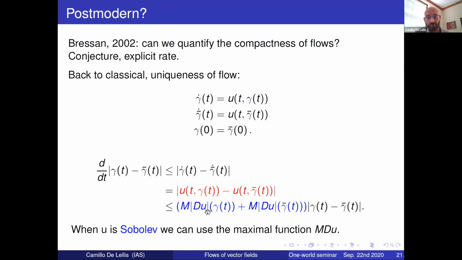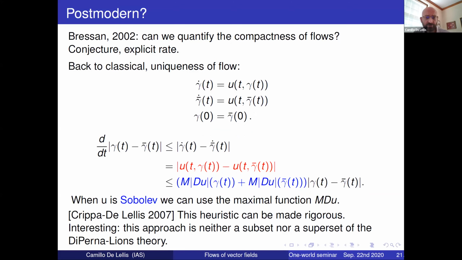You just have a function which has some summability, and it's depending on the trajectories themselves, right? Now, it was shown by Gianluca Crippa and myself that this heuristic can still be made rigorous, and at the price of giving up a uniform constant, you have this maximal function. You can, however, recover through this idea all the conclusions of the DiPerna-Lions theory.